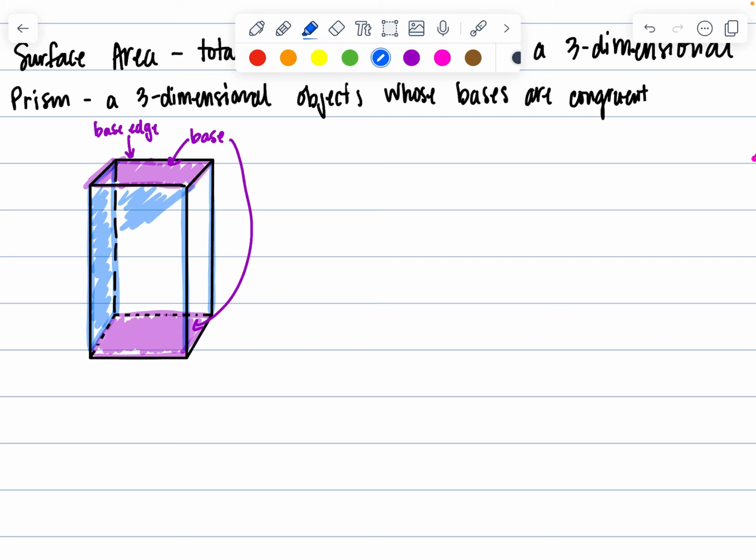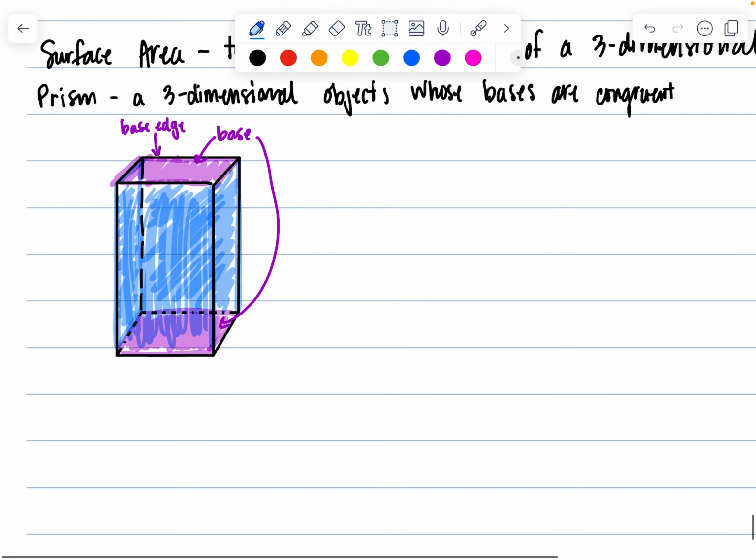This is the far back side. Then here would be the far right side. And then we would obviously have the front side, entire front side of this. Okay? Those are your lateral edges and lateral sides.